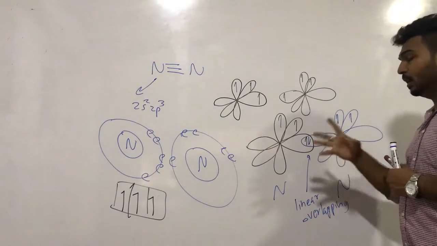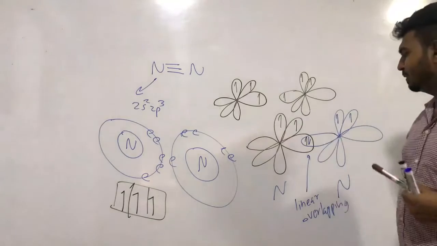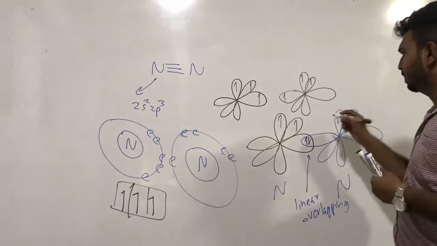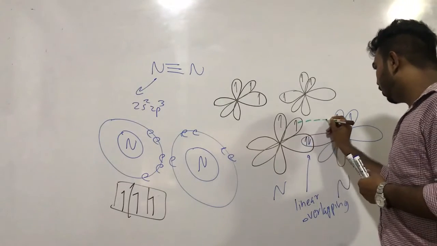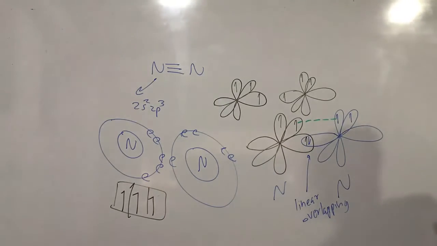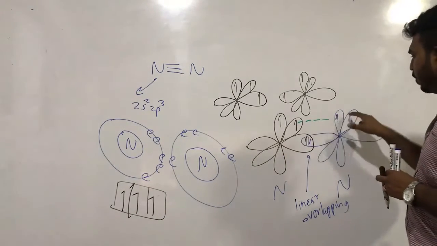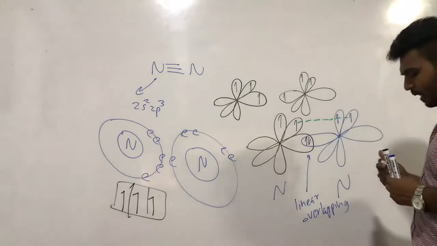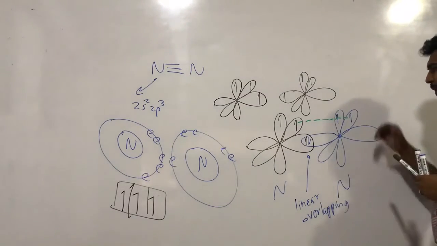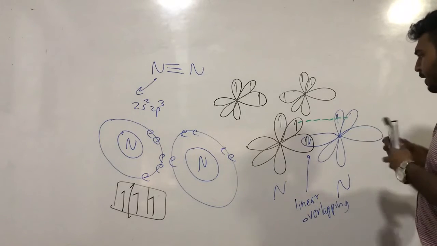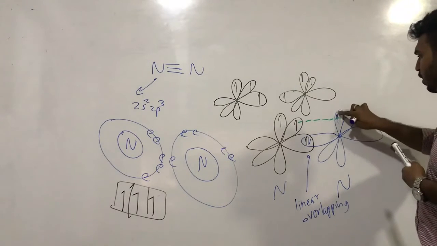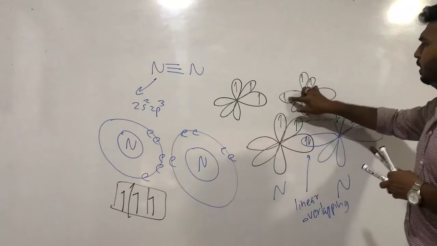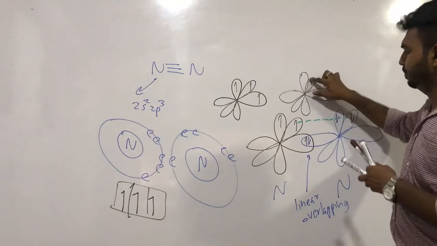This one has a strong attraction force when these are linearly overlapped. When these are not linearly overlapped, the same orbitals will form bonds, but there should be different spin of these electrons. Here also there should be different spin.